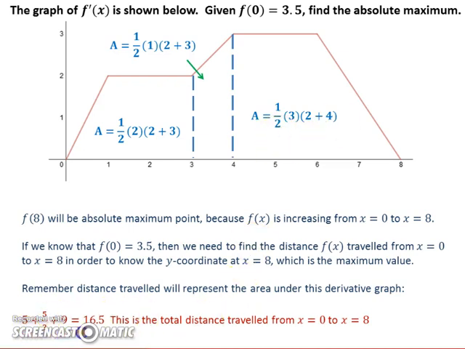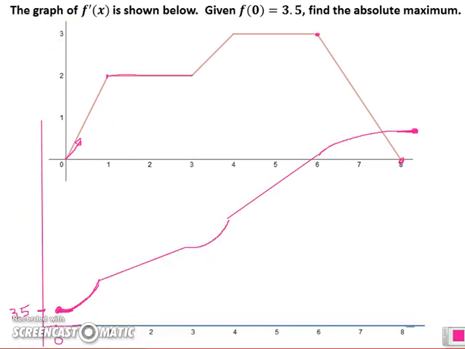So the distance traveled from 0 to 8, because we found the area under the curve from 0 to 8, is 16.5 units. Okay, and if we know that the distance traveled was 16.5 units, and we know that the starting point was 3.5, this is a horrible picture, anyway, it should be on the y-axis.